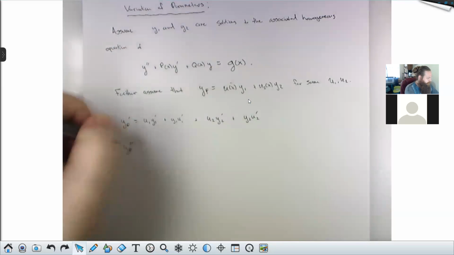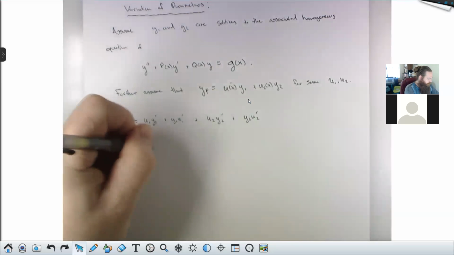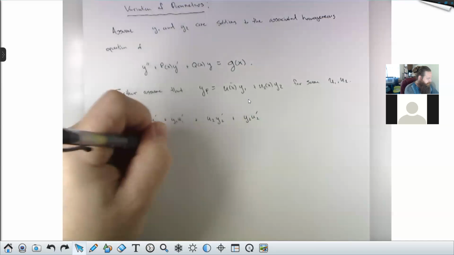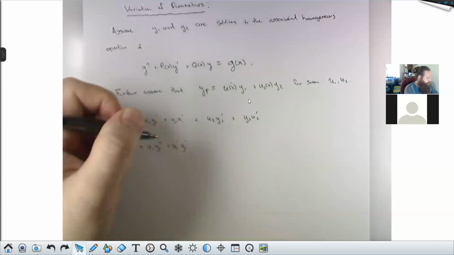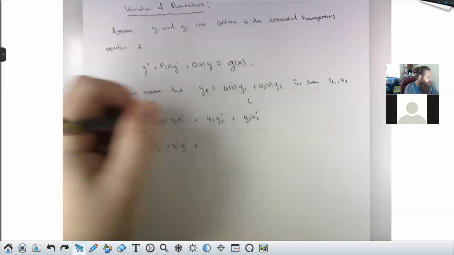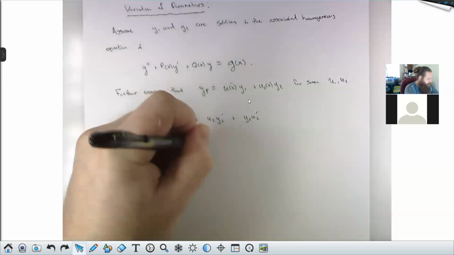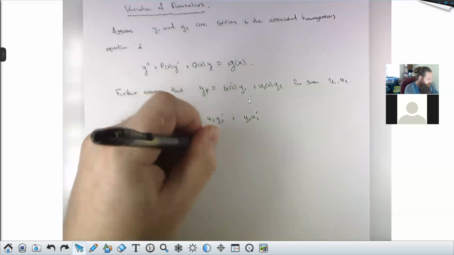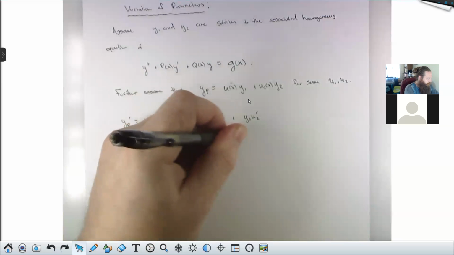And our second derivative, yp double prime, is going to be u1 y1 double prime plus u1 prime y1 prime. That's the product rule applied to this. A bunch of terms here. Plus y1 prime u1 prime plus y1 u1 double prime.